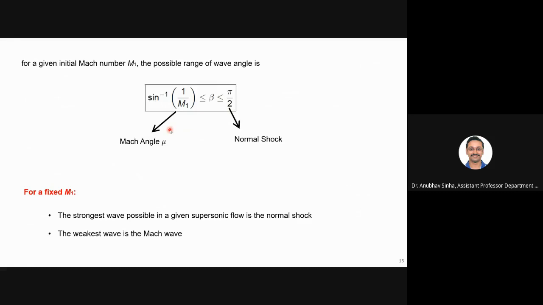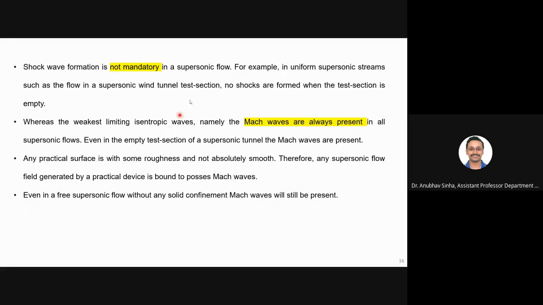Now, in a supersonic flow, it is not compulsory that a shock must be there. For example, in a supersonic wind tunnel, there is no shock unless there is some disturbance or obstacle, or if the walls are smooth.